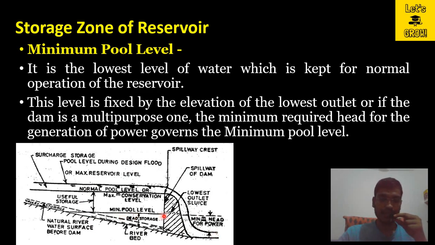So based upon that we have to decide this minimum pool level, so that whenever the water rises above it, we can operate our hydropower plant. So the minimum pool level is decided based upon the lowest outlet, or if there is a hydropower plant, we see the minimum operating head required to run it.